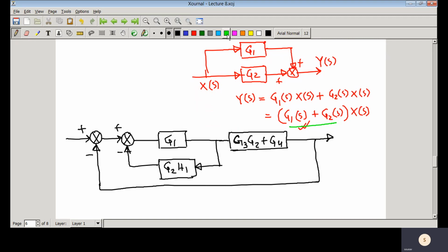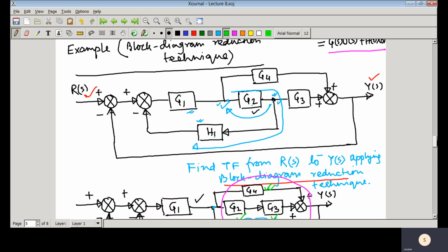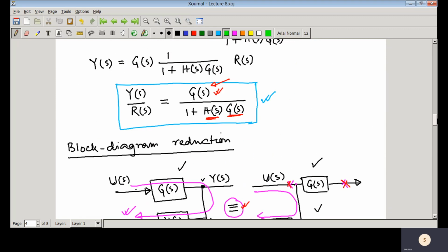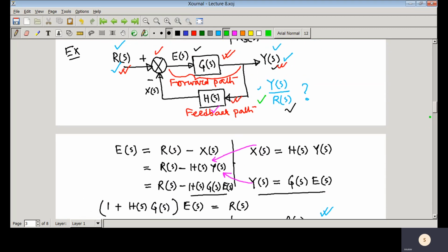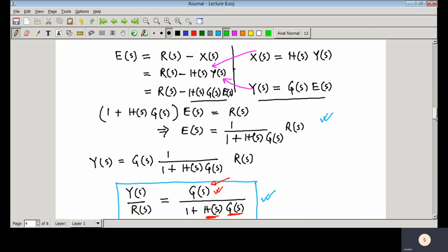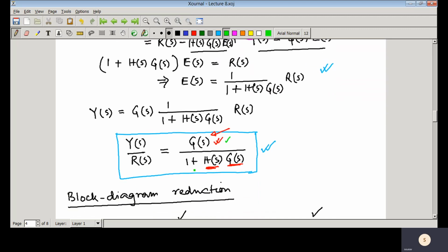Now we'll be concentrating on this particular loop, and you can see that this loop and that loop are the same. So what is the transfer function from input to output? That is the forward path transfer function, GS, divided by 1 plus the feedback path transfer function and the forward path transfer function.